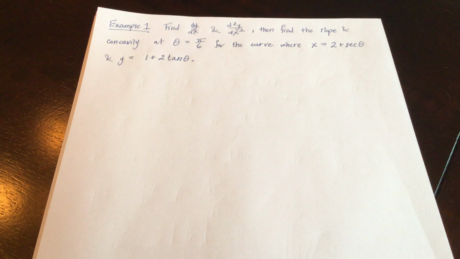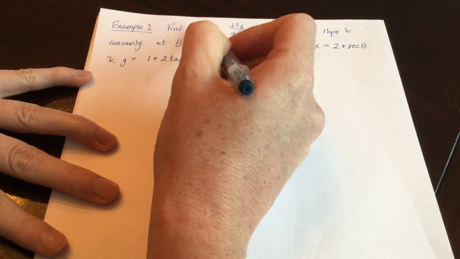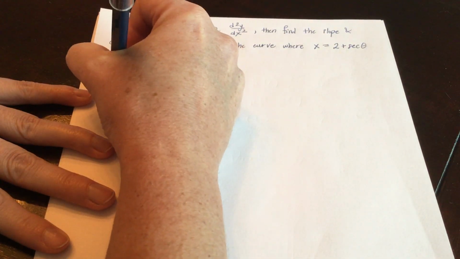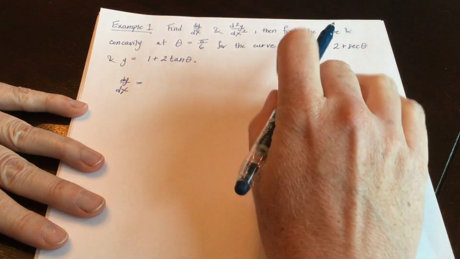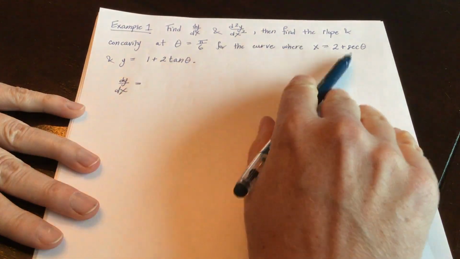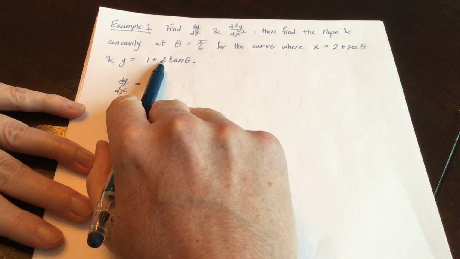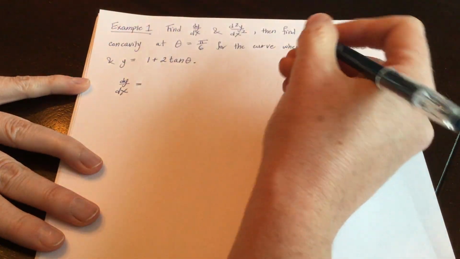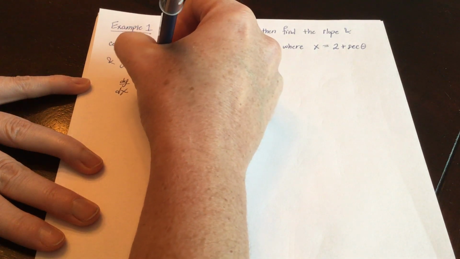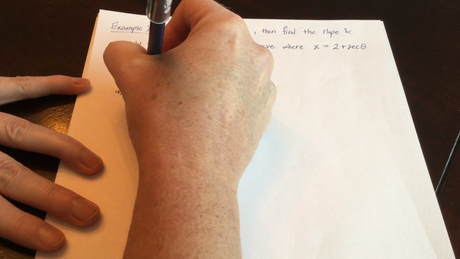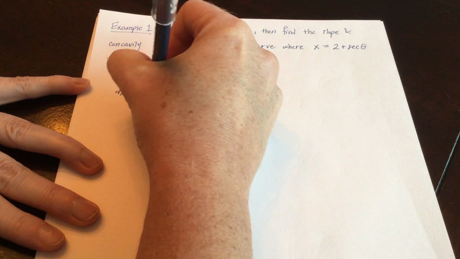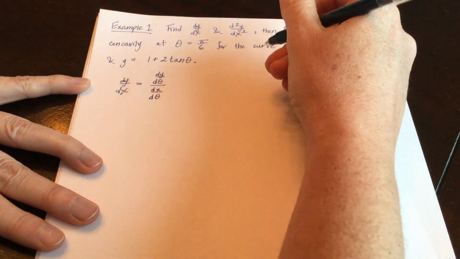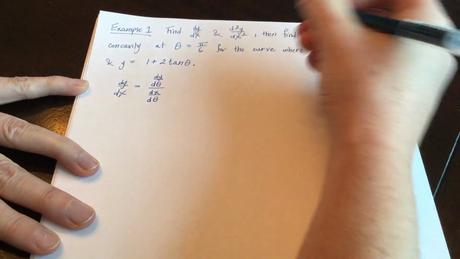Assuming that you've done that, let's start off by finding the easiest thing, dy dx. I did try to give you something where, while you could eliminate the parameter if you really wanted to, you probably don't want to. So we will be doing dy dx in terms of the parameter. So dy dx is the same as dy d theta divided by dx d theta. Now let's go ahead and get these little pieces here. I'll just do this in the form of scratch work.